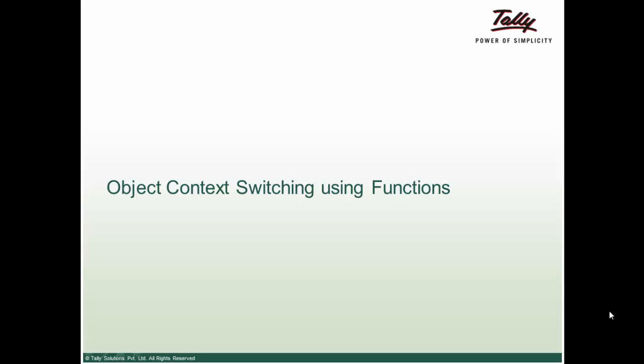At a certain point of time, you only need to switch to an object context for retrieving a particular value, where you might have to move from the current context of your data or your interface to any other context. So to refer to various contexts of an object, we have functions.